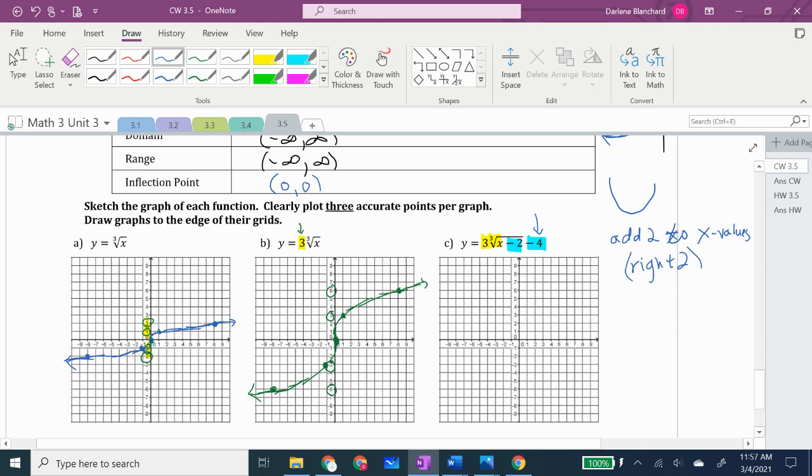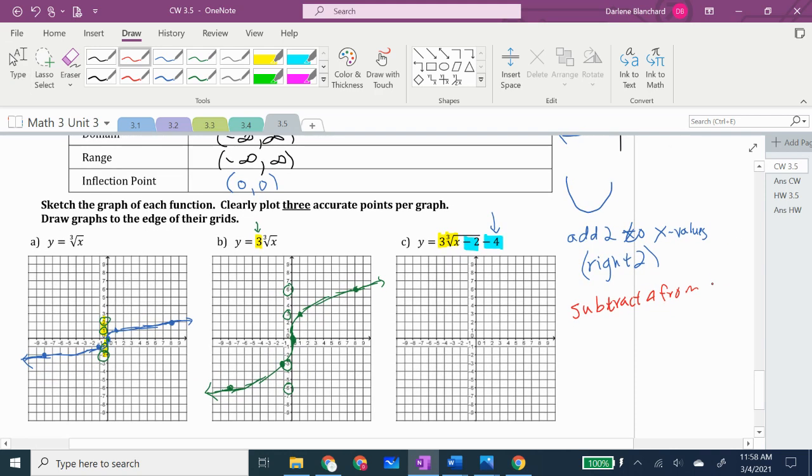Outside the cube root is a subtraction of 4 that affects y, and it does that operation to y. So that means I will subtract 4 from all of my y values of the 3 times cube root x graph, which you know better as to shift it or translate it down 4 units.